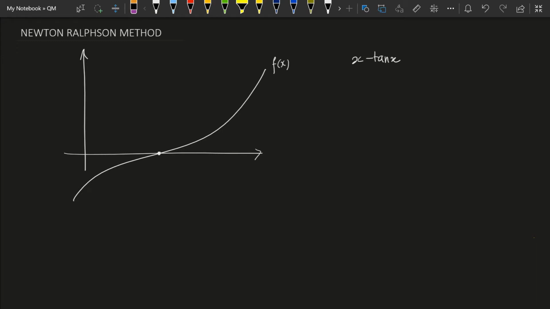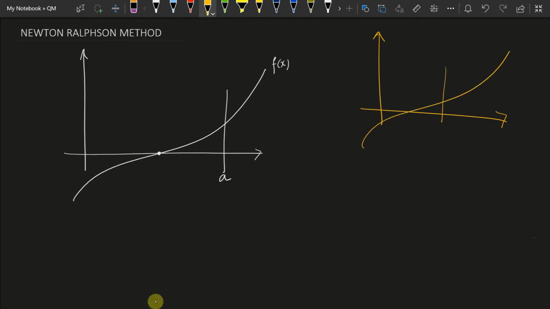So the method is actually very simple. What we do is we start with a point A, and hope you know this, that if you have a function and if you know the value of the function at one point, then you can find the value of the function at a somewhat nearby point by drawing a tangent out here, right?